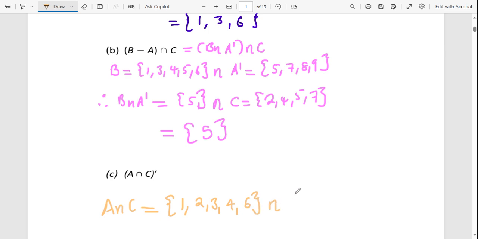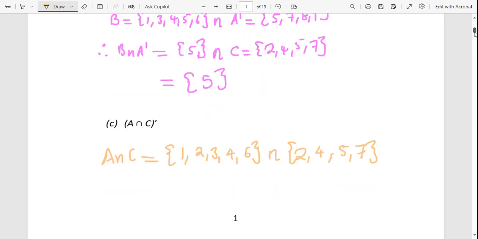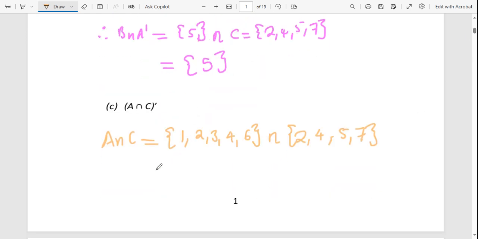And then the set C is 2, 4, 5, and 7. So we want where these are intersecting. So that is going to be 2, 4. Only those two are common.